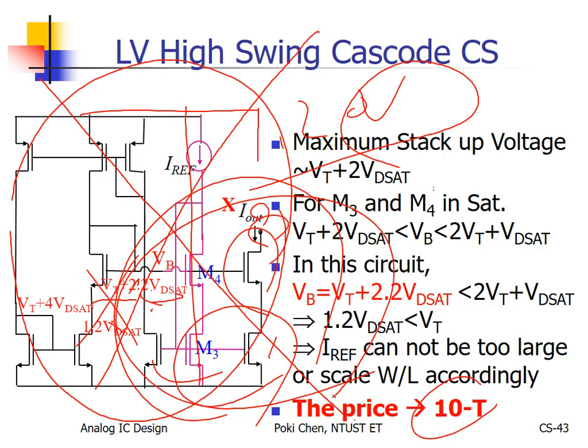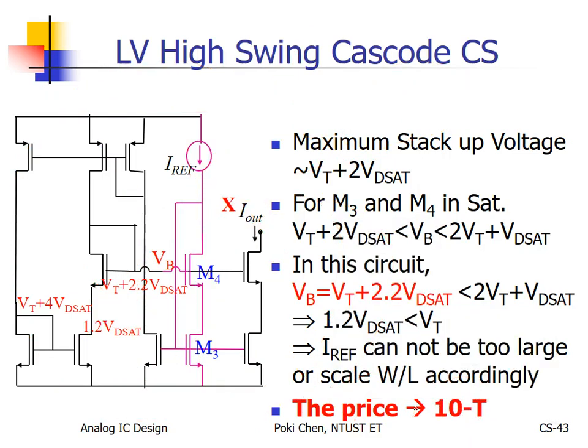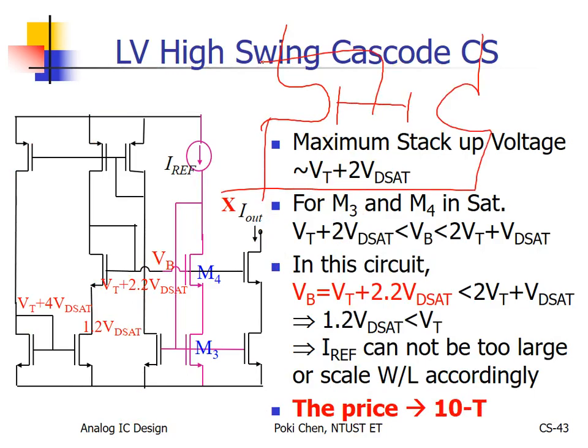So to be honest, the most frequently used current source is the simplest one. What do I mean? This one. Never mind how many circuits you learn, how many structures you learn, in the end usually the simplest is used.